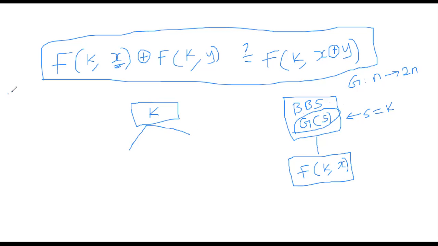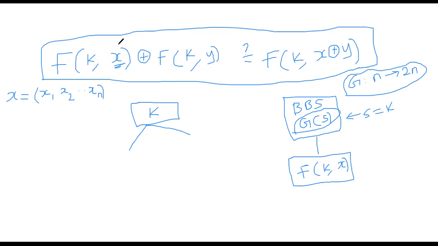We model x also as an n-bit number. For simplicity, we assume the key length is the same as the block length. We first call g of k, and we get a 2n-bit number because of the definition of g. We send in an n-bit number, we get a 2n-bit number.